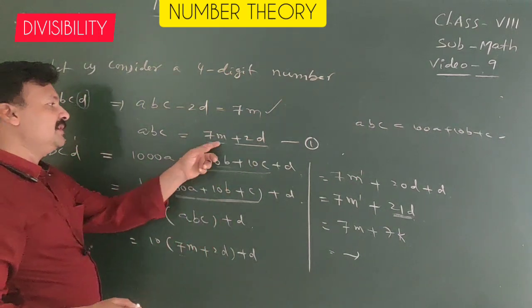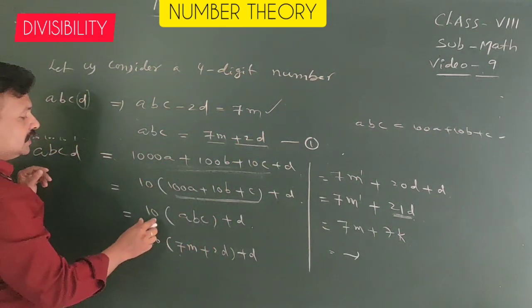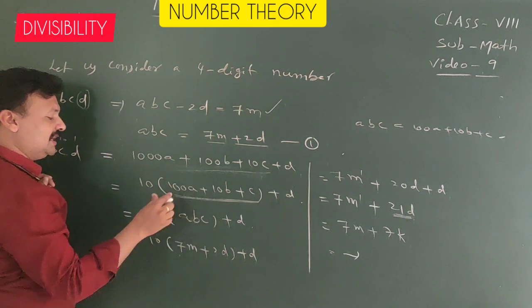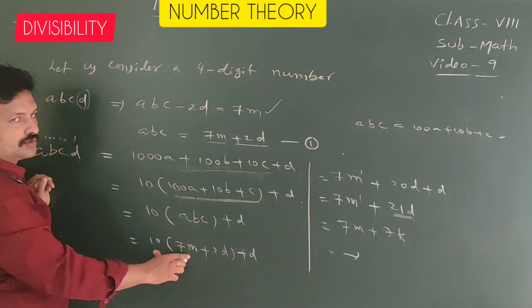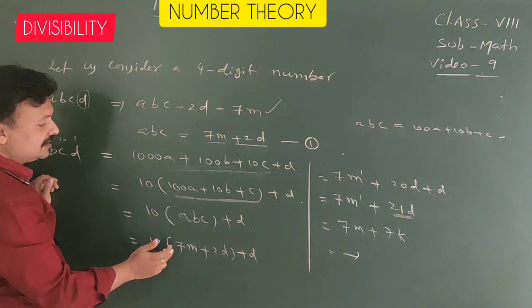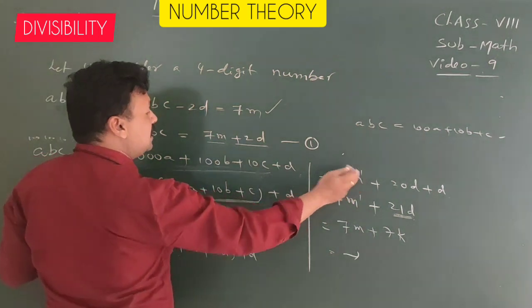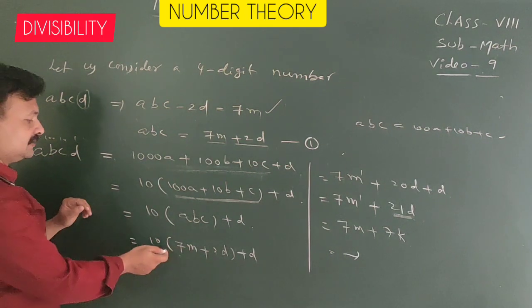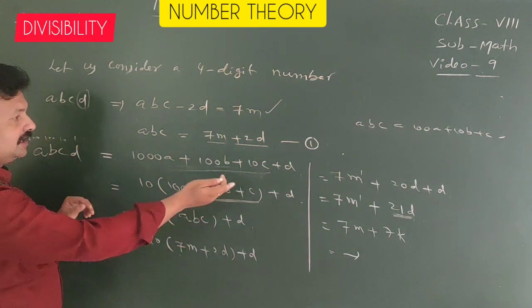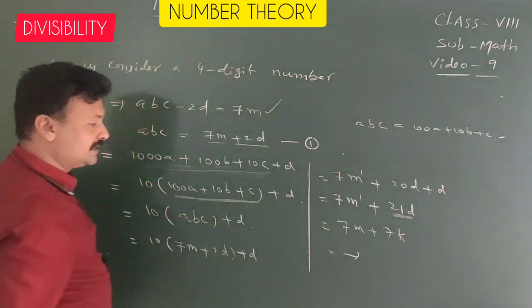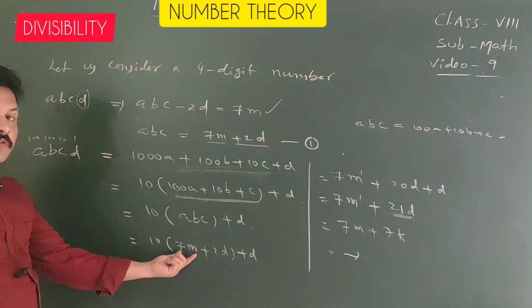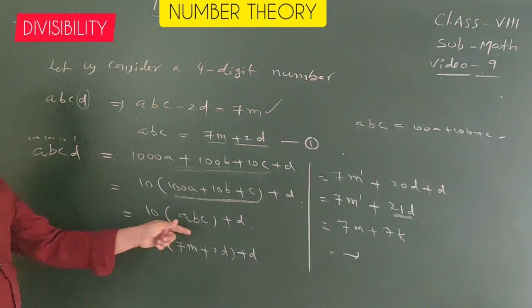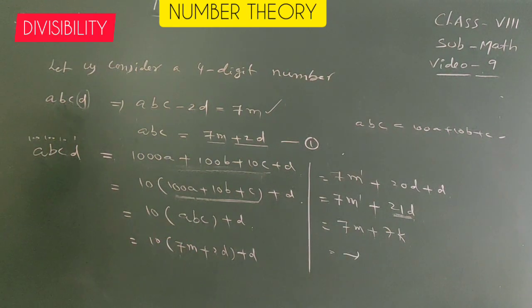A multiple of 7 multiplied by any number is also a multiple of 7 only. 7 into 10 is 70, but I wrote only 7M, because if a multiple of 7 is multiplied by anything, it is also a multiple of 7.